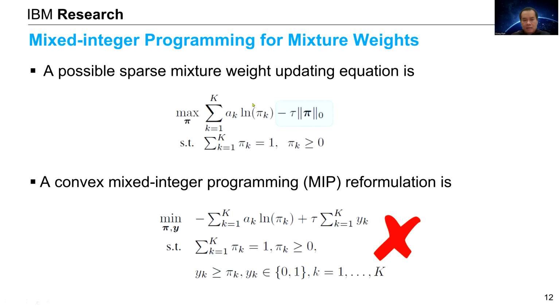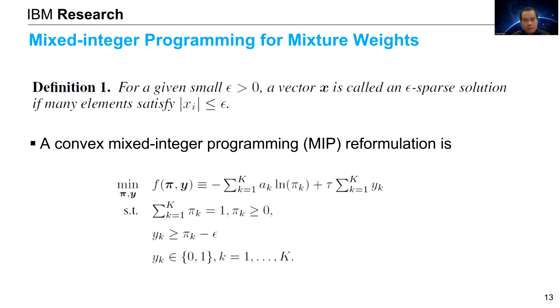But we can see that this term, because of the log term, means pi can never be zero. So if we think of sparsity in the conventional sense, we never get a sparse solution because of this term. So for that reason, we introduce a new notion we call the epsilon sparsity solution.